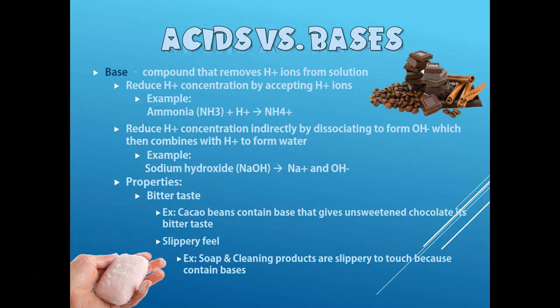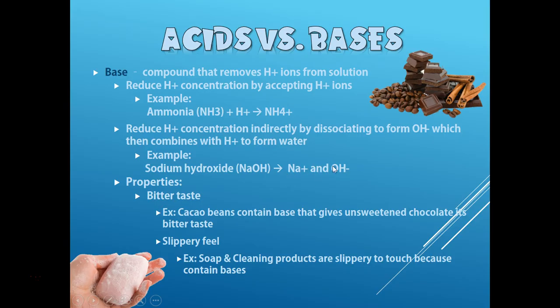The other way that we can do this is by having the compound itself dissociate and leave extra OH minus in solution, which can also suck H pluses from water to make more water. Something like sodium hydroxide, or NaOH, that's what's going on here.